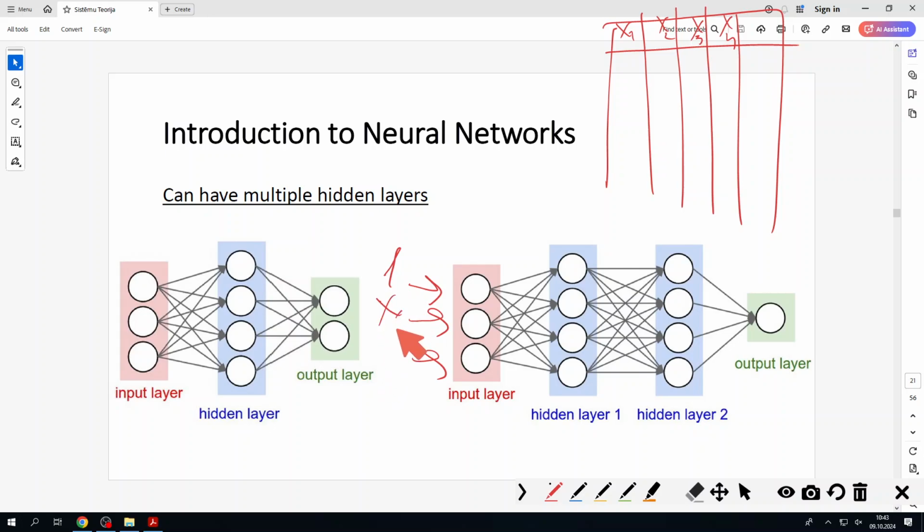So then we have x1, x2, x3, and so on. The number of inputs depends on how many inputs your dataset has, and the number of outputs obviously on how many outputs you have, y1, y2, y3, and so on, considering this is one hot encoding like this.